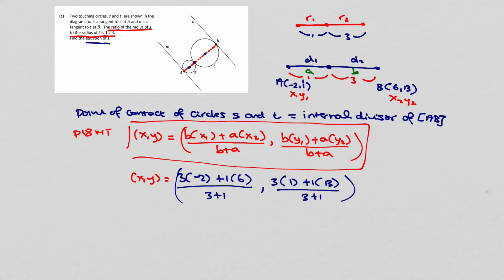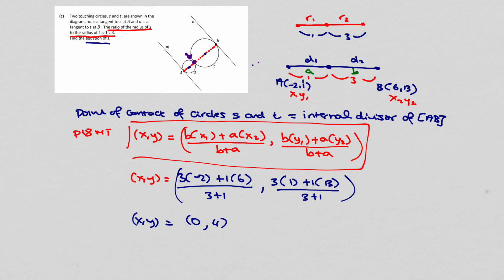And then if we simplify, we have minus 6 plus 6, which is 0, so 0 divided by anything is 0. And then we have 3 plus 13 is 16, and 16 divided by 4 is 4. So therefore that point of contact that we've just found, let me mark it here in purple on the diagram, is that point there. Right, so that's the point that we have just found.